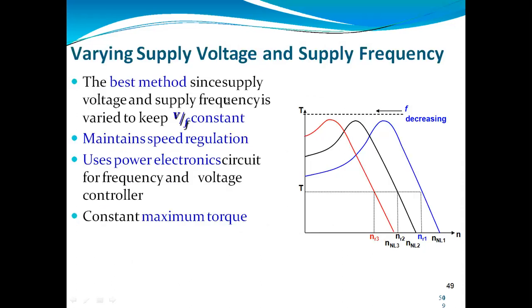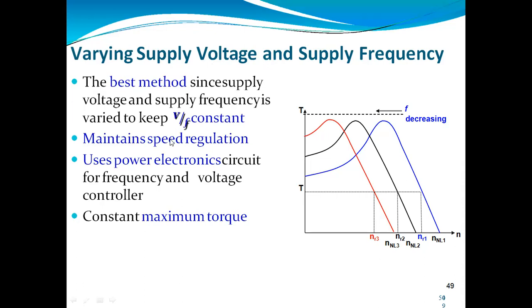The best method to study speed control of the three-phase induction motor is varying the supply voltage and supply frequency. They can be varied to keep V by F constant.